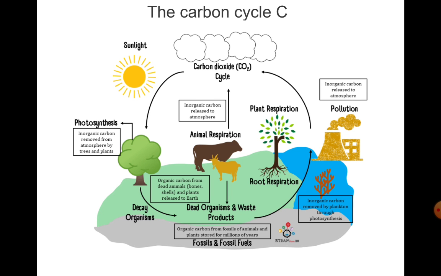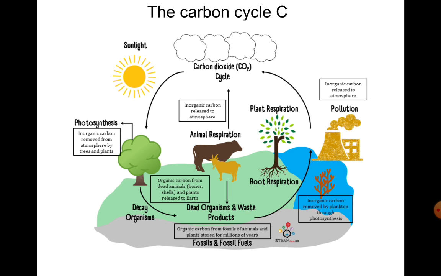To give you a better picture of the carbon cycle, carbon dioxide goes in by photosynthesis by the plants and the plankton. Also the plants and the animals lose energy and they release carbon dioxide by respiration, and some part of the animals and plants is stored underground, which becomes fossils and fossil fuels.